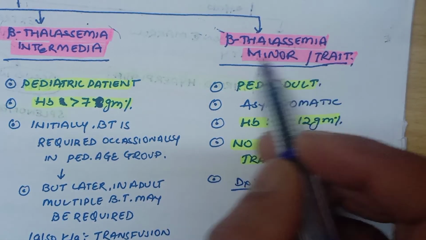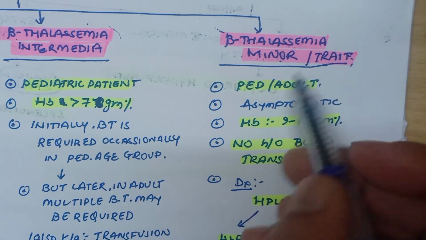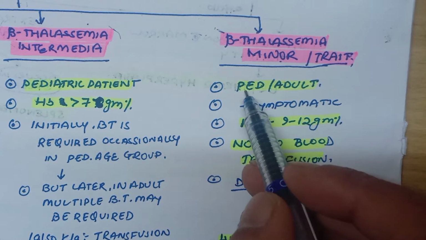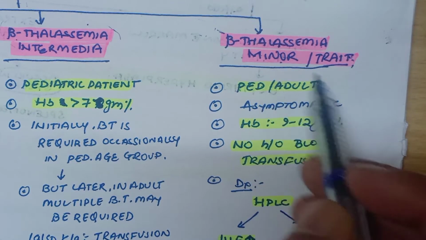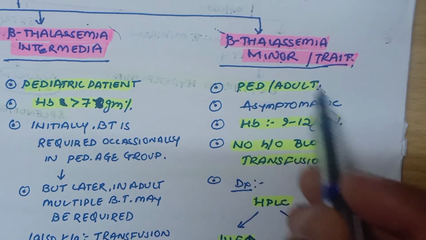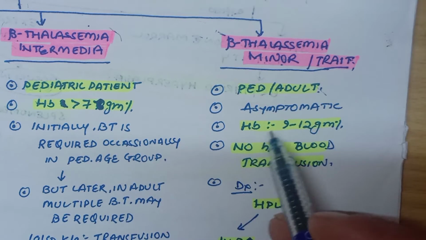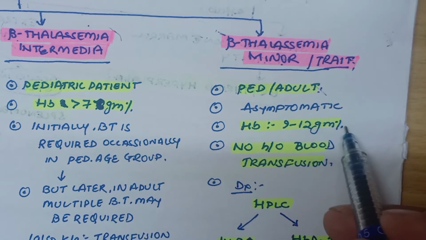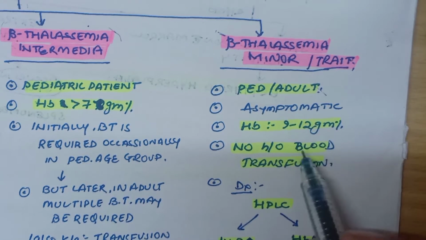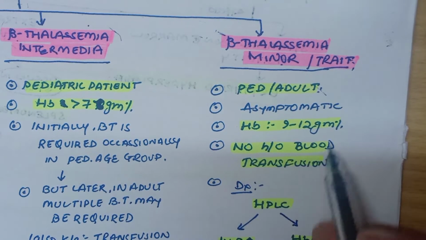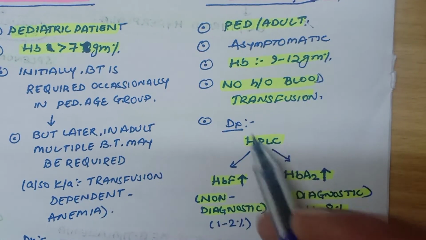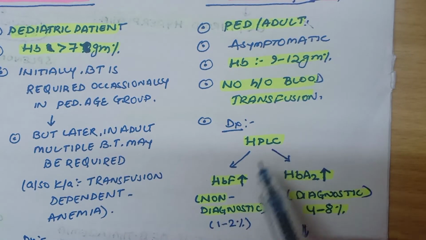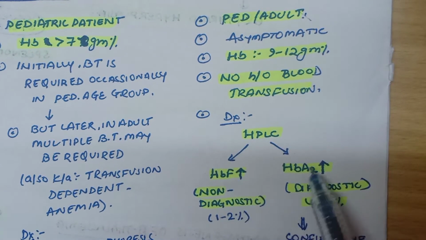Beta thalassemia minor or trait will occur in both pediatric patients as well as adults, and they are asymptomatic as the hemoglobin level ranges from 9 to 12 gram %. So there will be no history of blood transfusion, and it is diagnosed by HPLC, where fetal hemoglobin as well as HbA2 will increase.